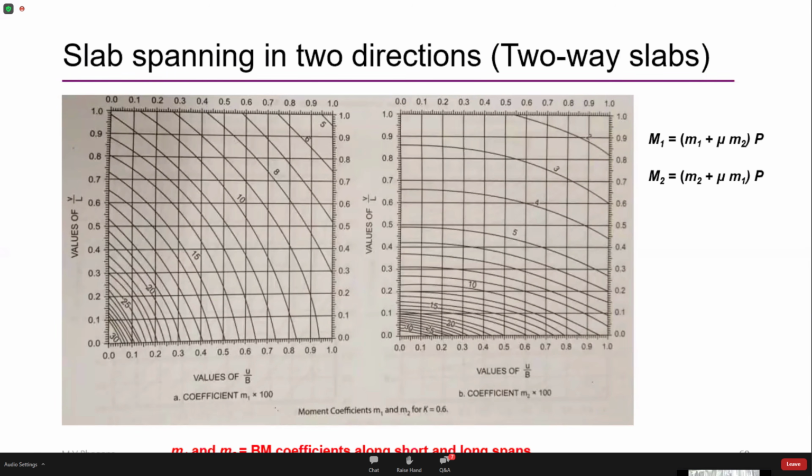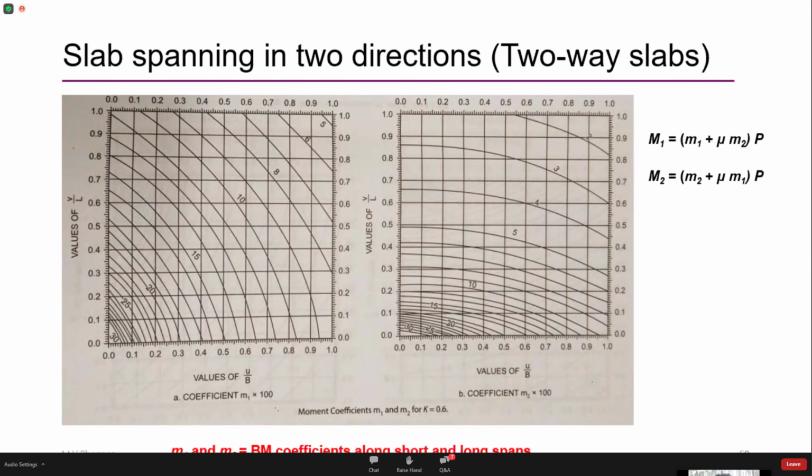From these charts, we can get the values of the bending moment coefficients m1 and m2 along the short and long spans. The bending moment can then be calculated by this expression. This expression is very similar to those given in IS 456 for calculation of bending moment for two-way slabs, or the Rankine-Grashof equation, where m1 and m2 are the bending moment coefficients.